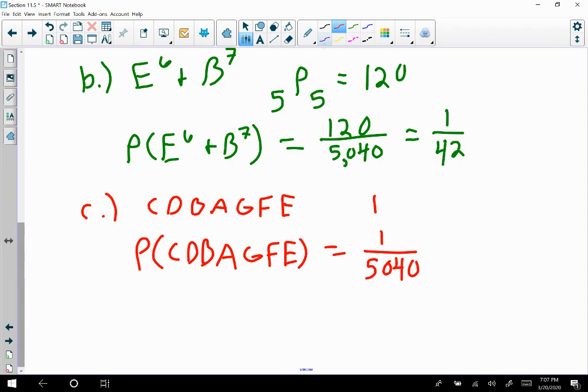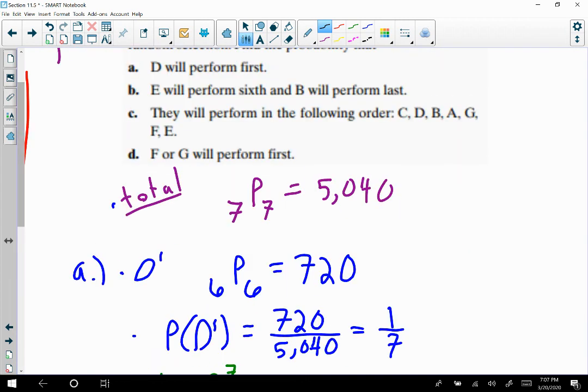And then last but not least, we want to talk about what are the probabilities that F or, and that's important to us, and we're going to talk about ors a whole heck of a lot later, or G performing first.